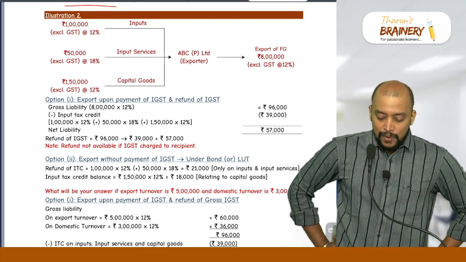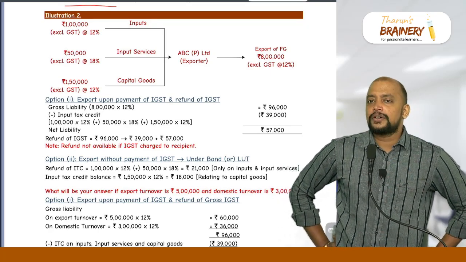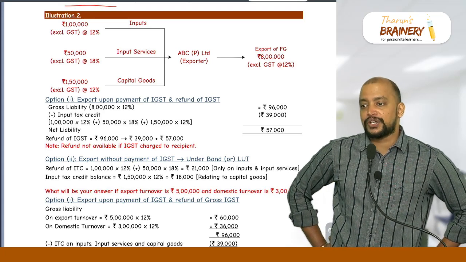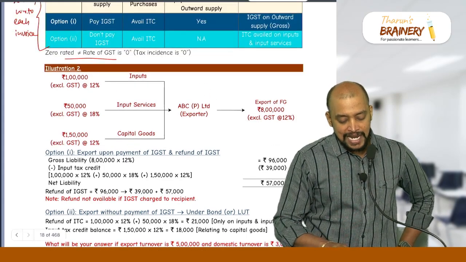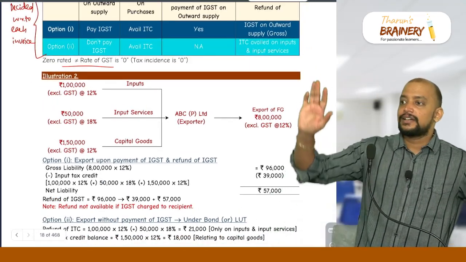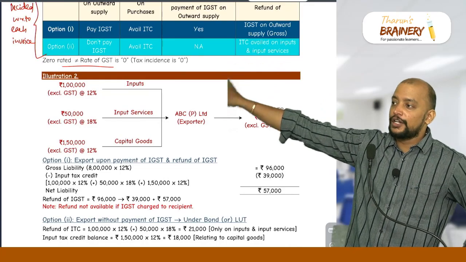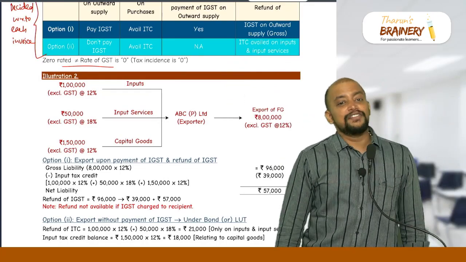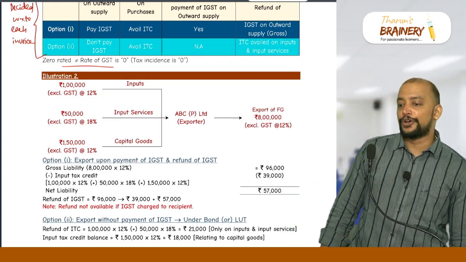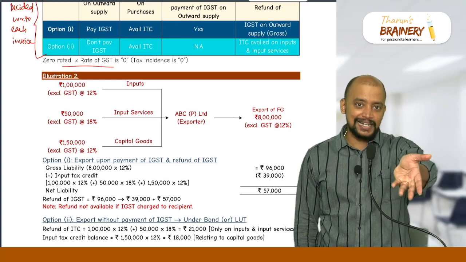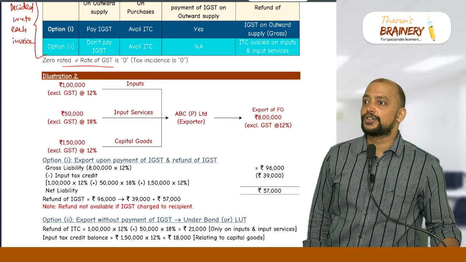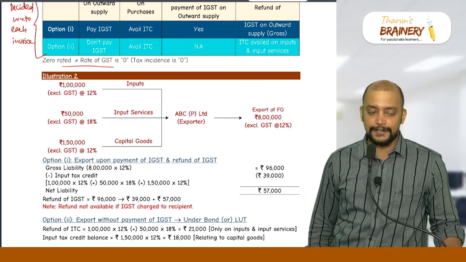Now, what is the refund under option 1 and option 2? Okay. So, now for the time being you just close your book and look into the screen. We will do the calculation. Take your notebook. Answer I gave, but we will do once just to know how to arrive at the answer.